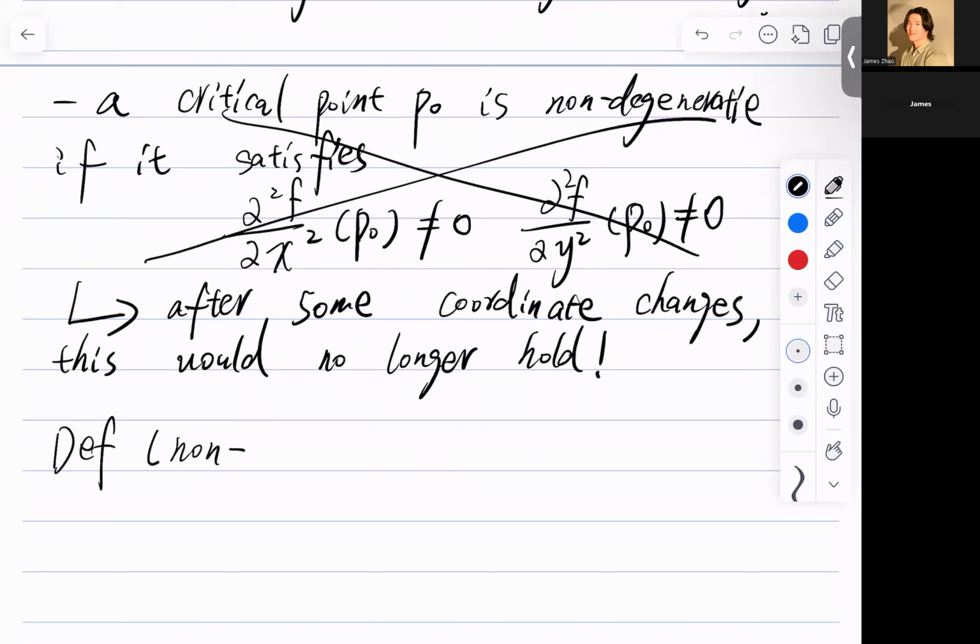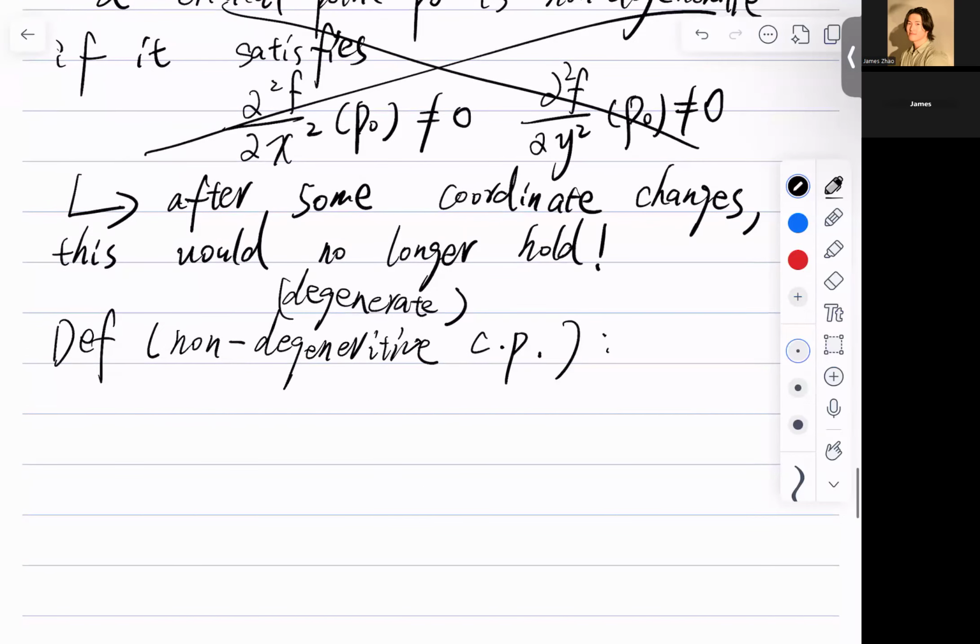What would you think? Oops, I can't spell. Let's just call it non-degenerative. Actually, it should be called non-degenerate critical point. But I am lazy and I don't want to erase it. So let's just stick with this. There we go.